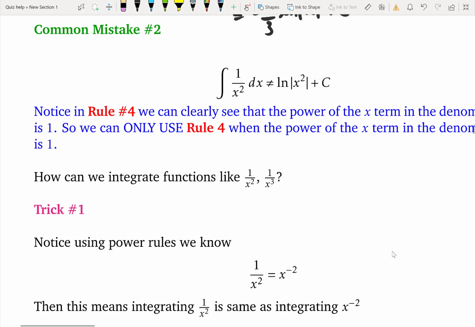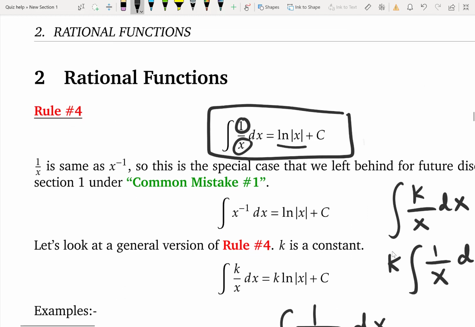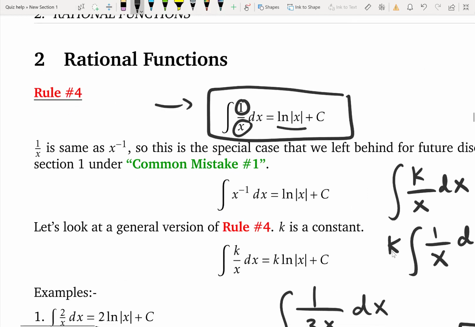No, or even less than 1. No, it is not. This is wrong. You cannot write natural log x square or natural log x cube. So this rule that we learned here is only valid for x to the negative 1 or for 1 over x. In the denominator, the power of x should be 1, nothing else. That is when we can use the natural log rule.